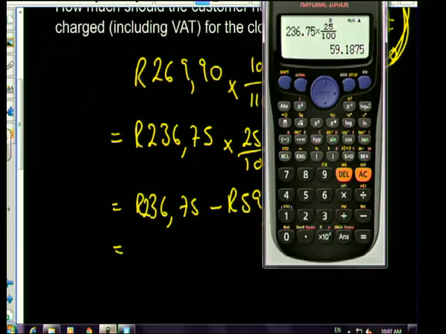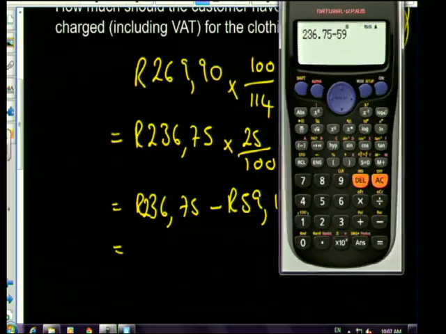So out comes the calculator again, and we say we've got 236 Rand and 75 cents. From that, we're subtracting our 59 Rand and how much was it? 19 cents. Oops, let's just get a decimal point here.